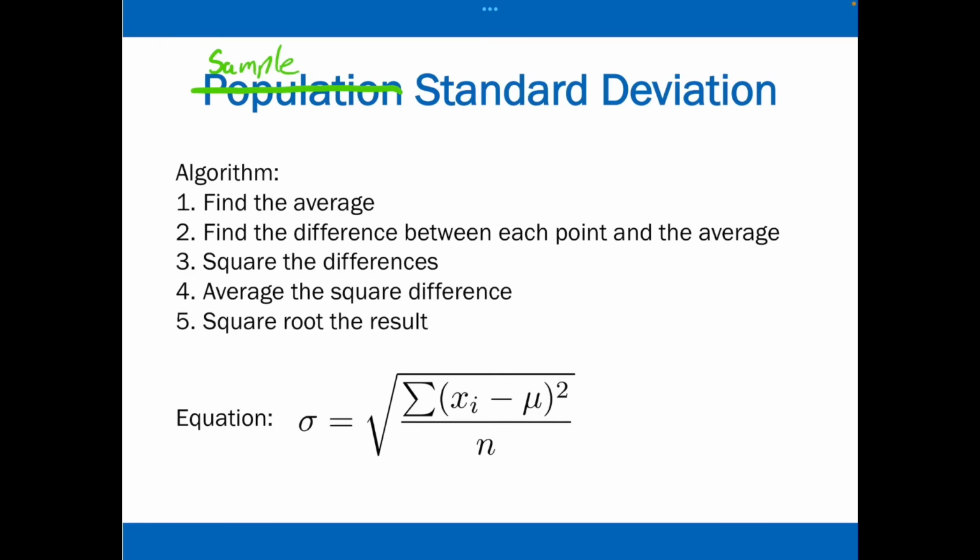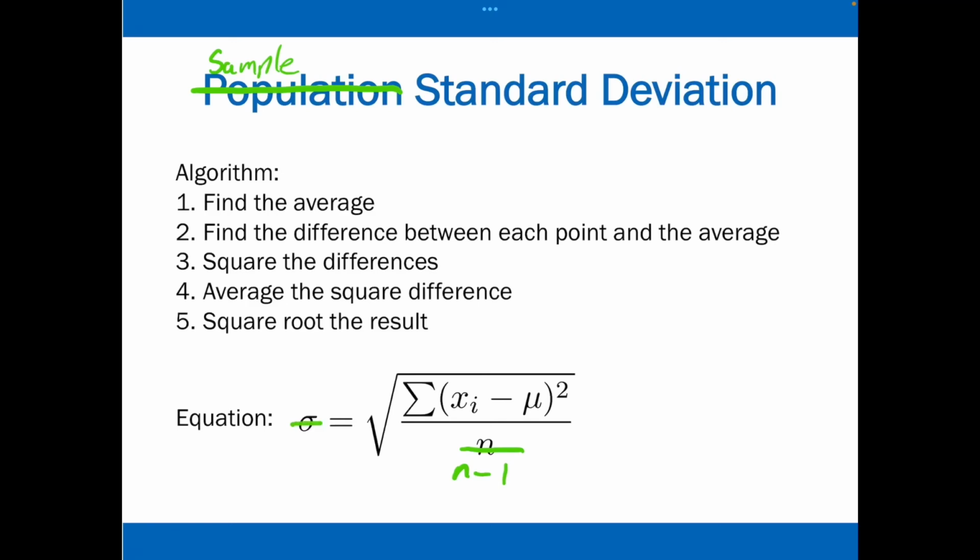The only difference in the sample is instead of dividing by n when we go through the problem, we divide by n minus 1. And the only reason for this is when you're using a sample instead of a population, the sample has a little bit of bias, and we as statisticians have found out that when we use n minus 1 instead of n, we get a better approximation of the population standard deviation using the sample standard deviation.